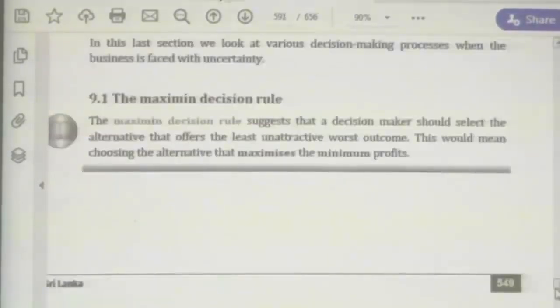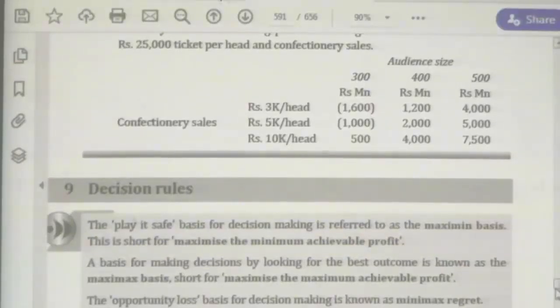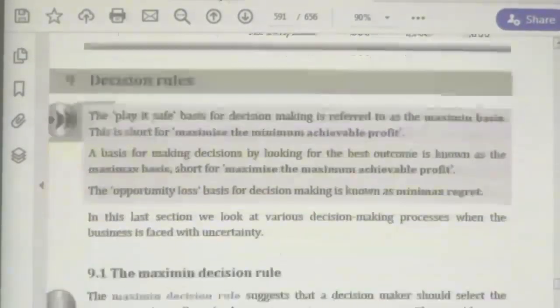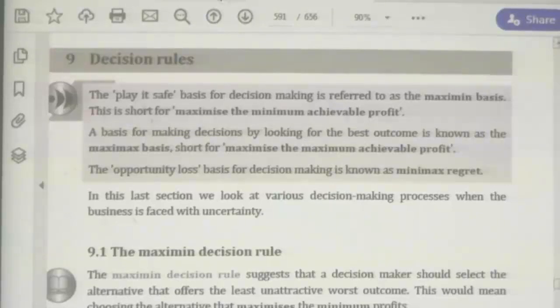Now that question was raised based on chapter 14, subchapter 9, decision rules. Under the decision rules, we have three techniques of getting decisions. What is this decision rule?